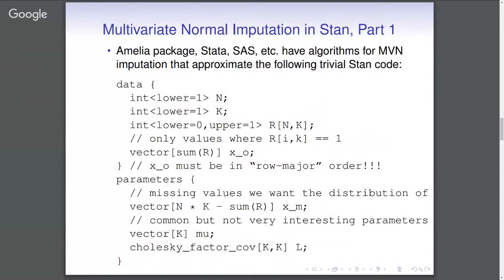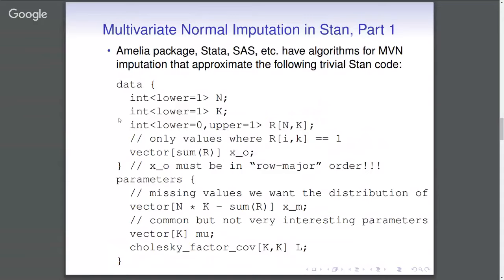Like the true data generating process for X can be described by a multivariate normal distribution with unknown mean vector and unknown variance covariance matrix, in which case the Amelia package in R, Stata, SAS, they all have algorithms for multivariate normal imputation that are basically just approximations, not very good approximations in some cases, to the following pretty simple Stan program, which has to go on 2 slides, but it's not particularly complicated.